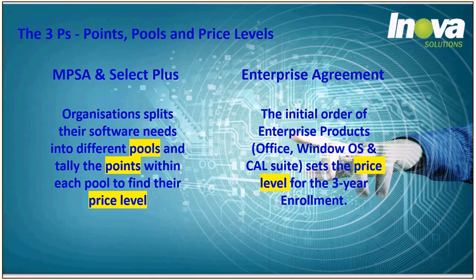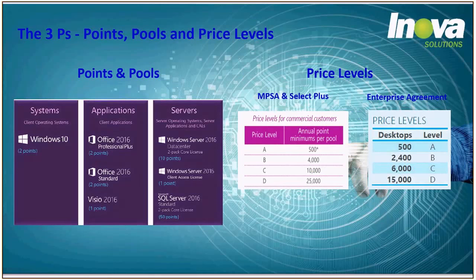Okay. So with the points and pools, the pools are the different categories you see here. There's systems, there are applications, and there's servers. And each pool has points assigned to each product. As you can see in the systems section, Windows 10 gives you 2 points.